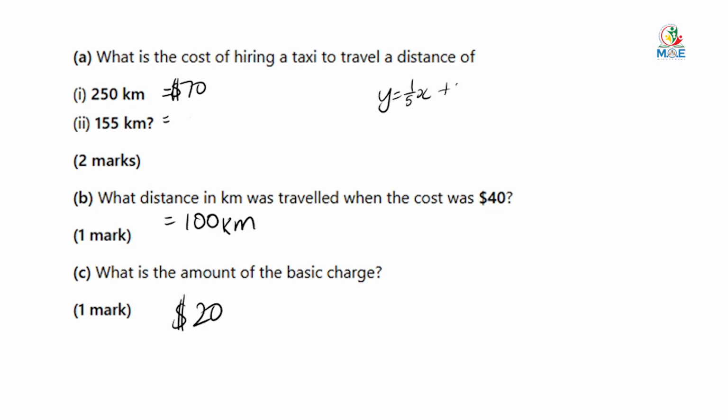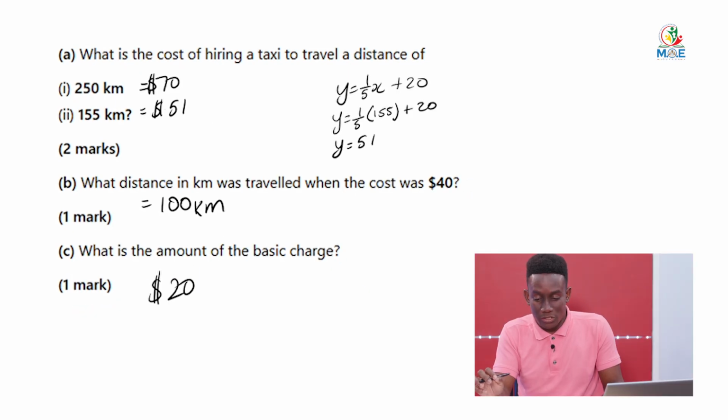The distance here is 155, so y is equal to 1 over 5 multiplied by 155, plus 20. 155 divided by 5 gives us 31, plus 20 gives us 51. So for a distance of 155 km, the cost will be $51. And that is the answer for that question.